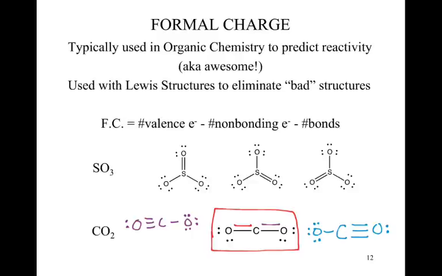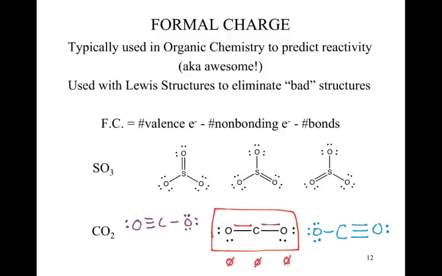When we bring formal charge into it, what happens? Go through and do your calculations. You will find that for your center structure, the formal charge on both oxygens will be 0, and the carbon will be 0.